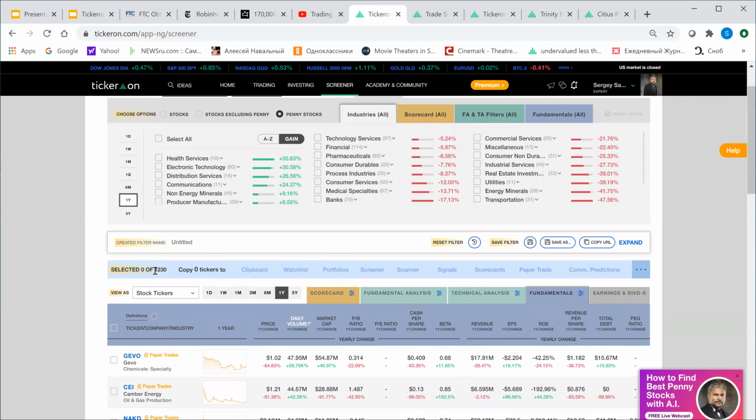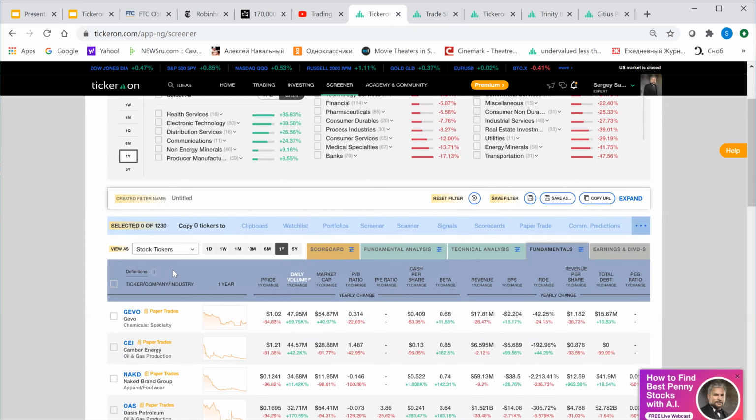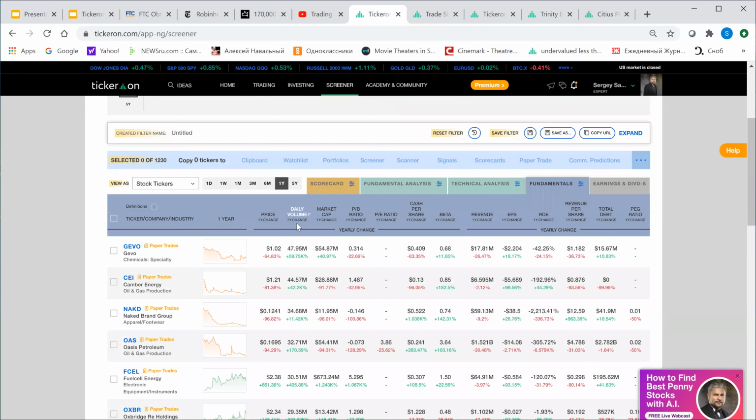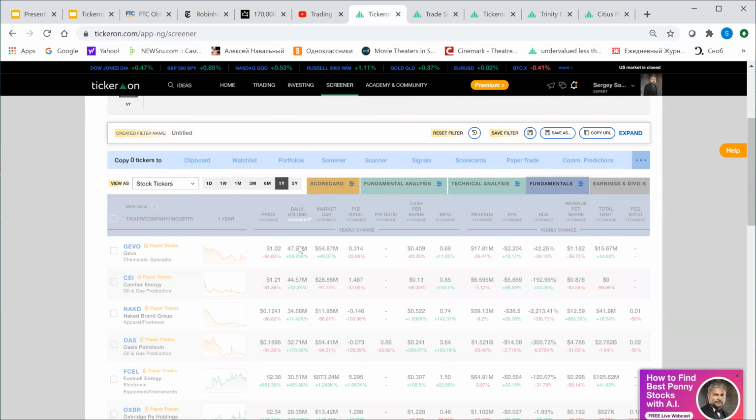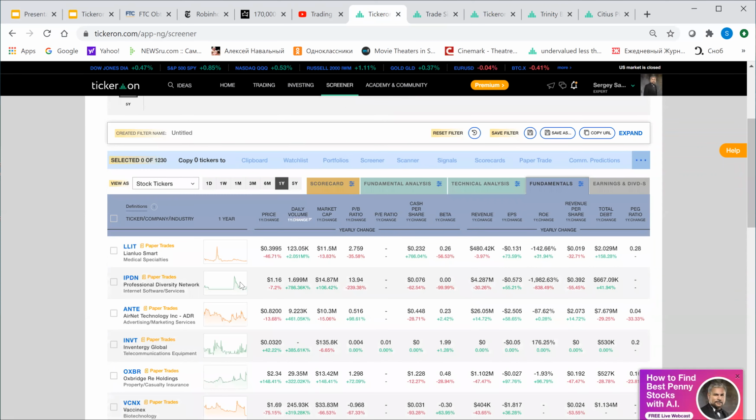We cover about 1,200 penny stocks. And in order to see what's going on within a year, you can see that some of them moved almost 2,000%.